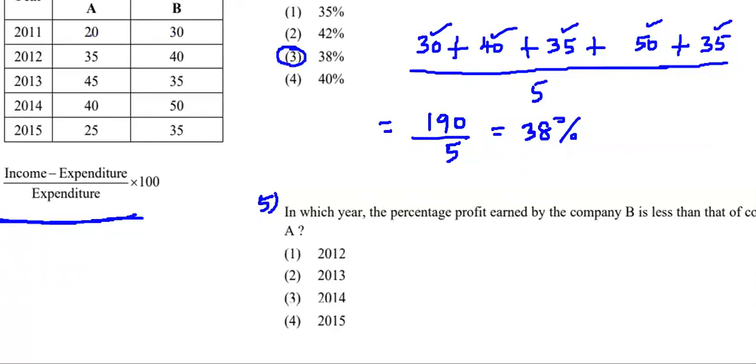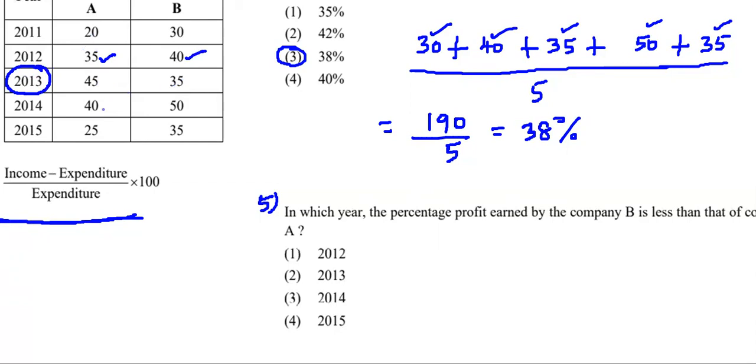So A's value is lesser. In 2012, A's value is 35, B is 40, still A is lesser. And in 2013, A is 45 and B is 35, so in 2013 company A's profit is more and B's profit is lesser.